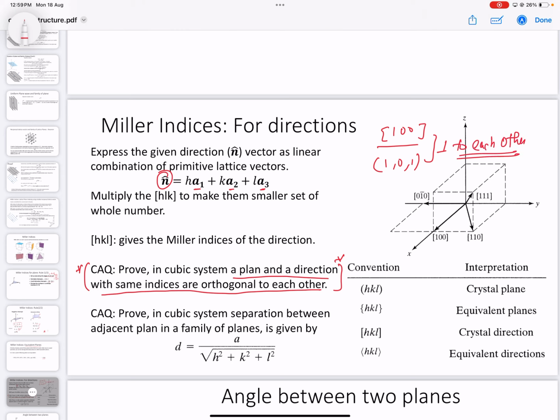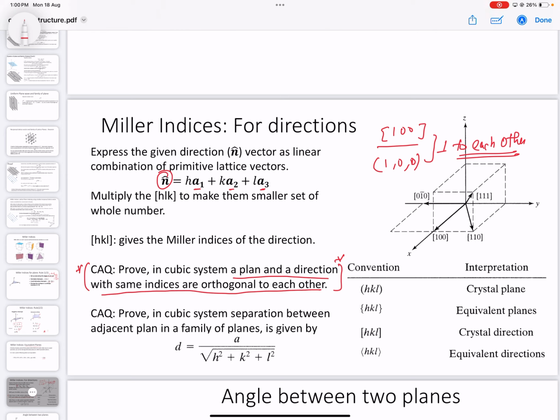How do I know it? Because if this [1, 0, 0] is the direction, and (1, 0, 0) is the plane, the 100 plane has to be perpendicular to the 100 direction, right? This is a very simple proof. You can go and try it at home.